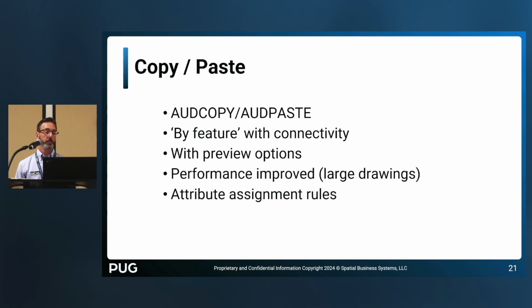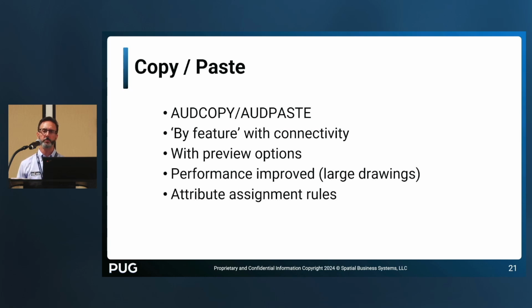The AUD copy and paste commands have been improved with a by feature option. The by feature option allows you to copy and paste a single feature, but then paste it with all of its internal relationships. An example of this would be a pad mount transformer. If you copy the pad, it's going to keep the relationships to the transformer that you're copying.